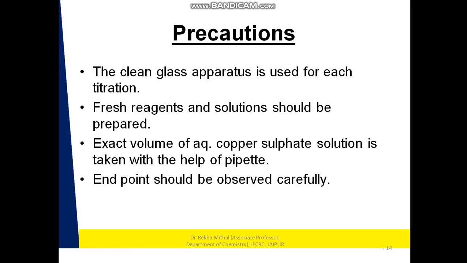Number two, fresh reagents and solutions should be prepared. Number three, the exact volume of aqueous copper sulfate solution is taken with the help of a pipette. And the final point is that the end point should be observed carefully. If we observe the end point carefully, then we definitely get the achieved outcome very close to the expected outcome.